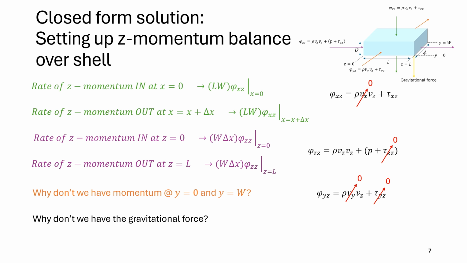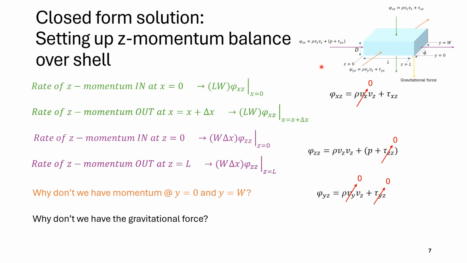Hello everyone, my name is Panache and I'll be walking you through the closed form solution. So here we set up a Z momentum balance on a differential fluid shell, which is shown here, and we have momentum in the x direction which enters the shell at x equals 0 and leaves the shell at x equals x plus delta x, and the rates are represented here in green.